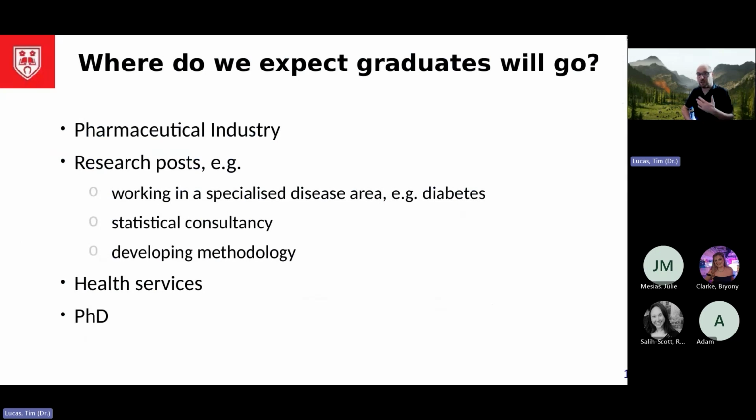Perhaps they work directly for the NHS, more on the operational side rather than the research or directly health-based side. And a lot of people go on to do PhDs. This is one of the real nice things we see in this degree, that people come, do the master's degree, and then stay with us for their PhD for 3 or 4 years after that. It's quite common.